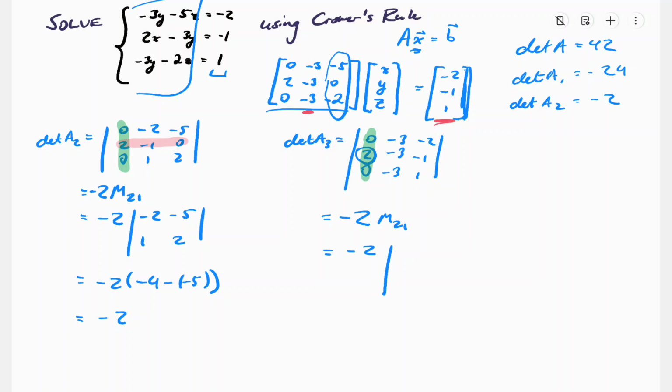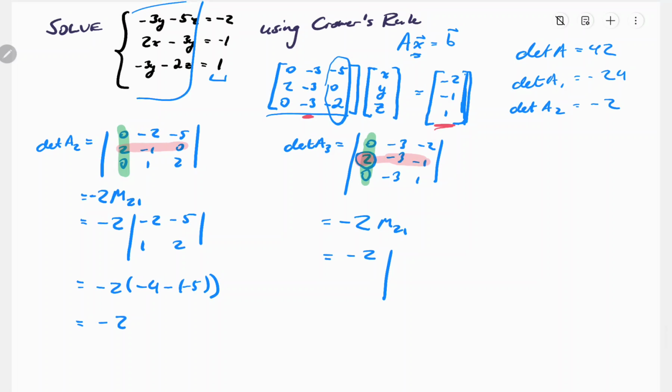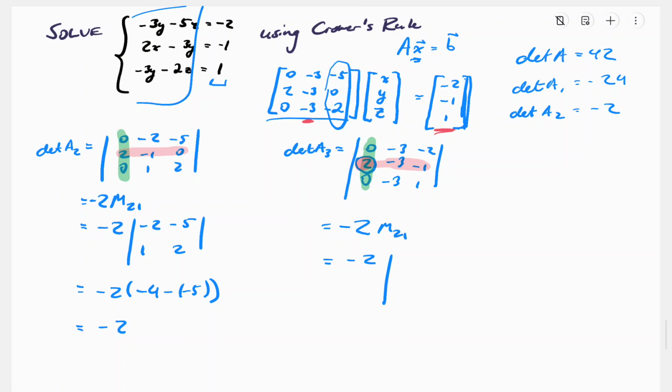So we are going to ignore everything that shares a row or a column with the 2. So we're going to ignore the zeros like we already have, and we're going to ignore these numbers again, and take the determinant of that new matrix. So we have negative 3, negative 2, negative 3, and 1. So we have negative 2 times this new determinant.